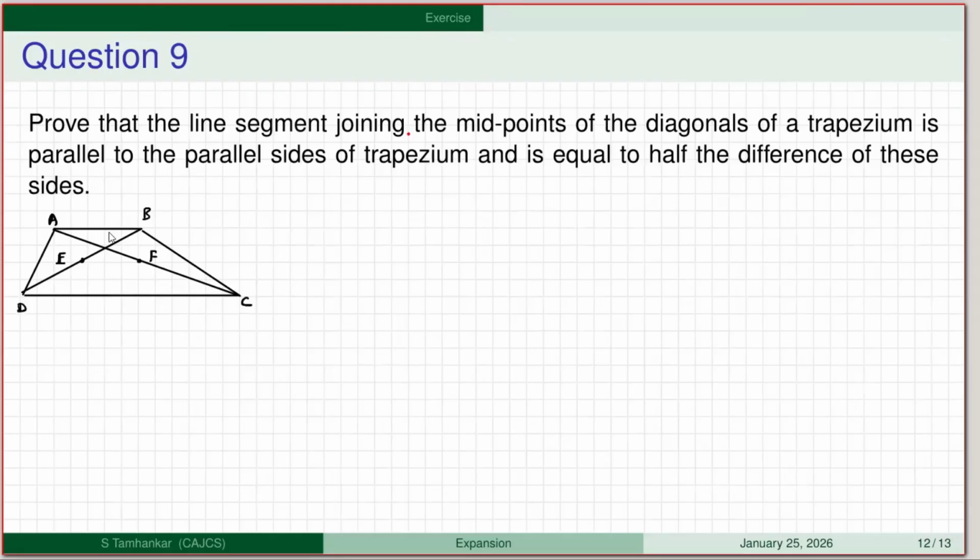What we have to prove in this, the question says that the line joining the midpoints is equal to half the difference of the parallel sides. Let me write it over here: to prove that EF is equal to half of DC minus AB. Okay, so how to go about doing this?